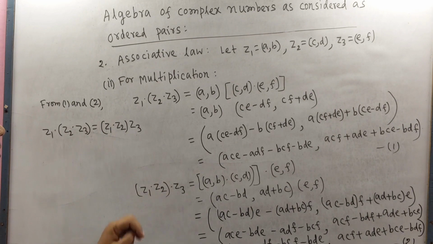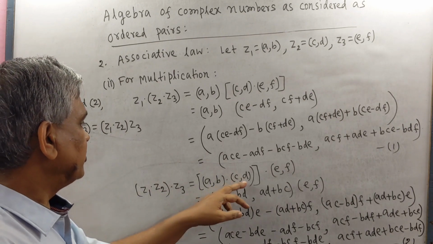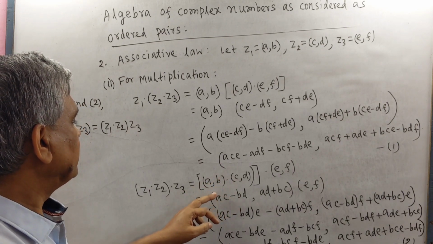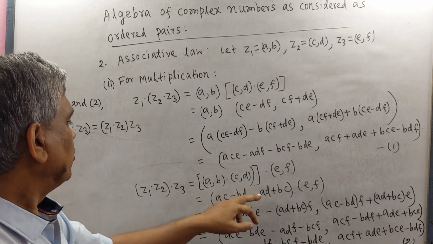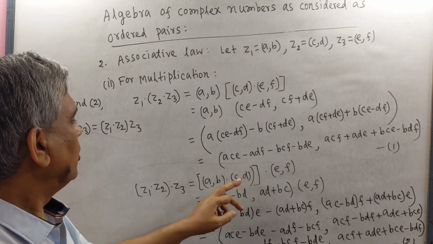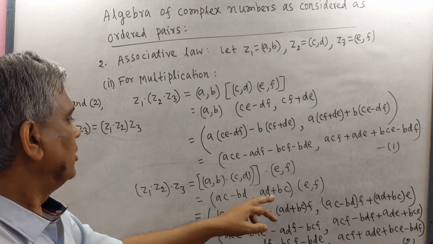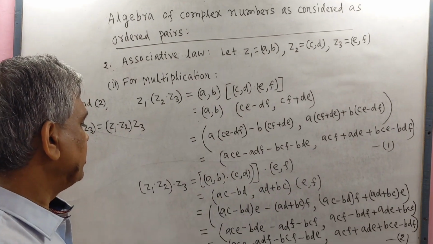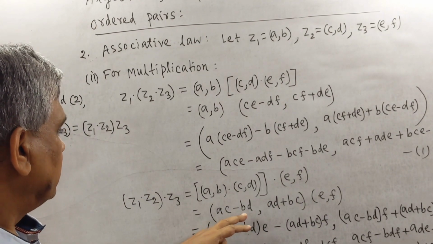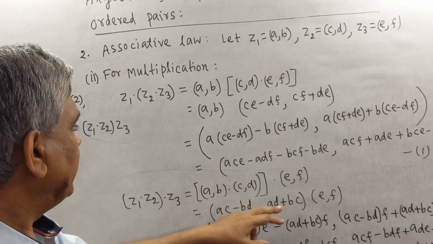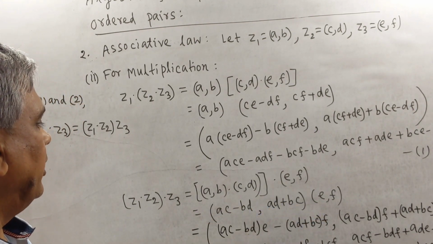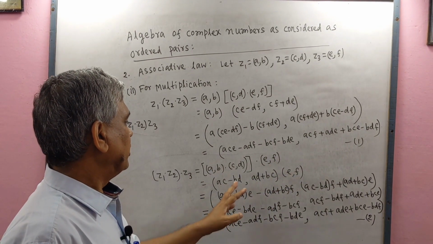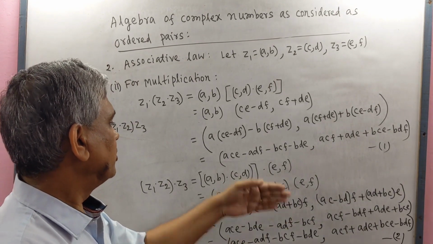Similarly, we take here (Z1 Z2) multiply Z3. First multiply Z1 and Z2, (a,b) and (c,d). We get here (ac minus bd, ad plus bc) and (e,f). Again we multiply the ordered pair, same rule. Again we take similar rule.